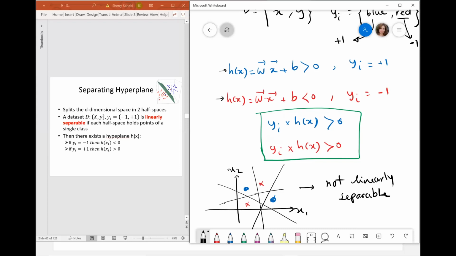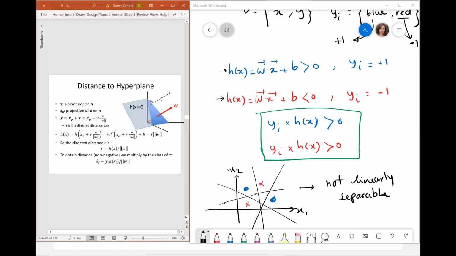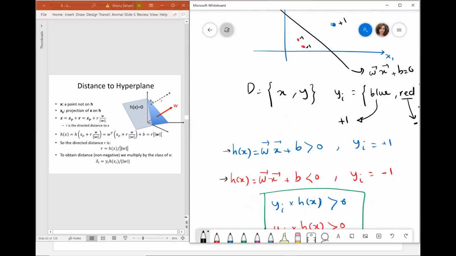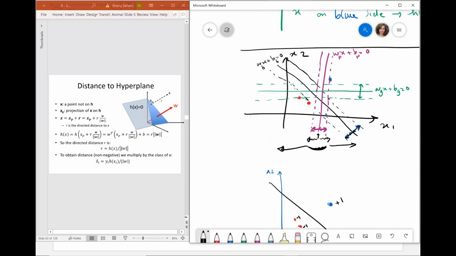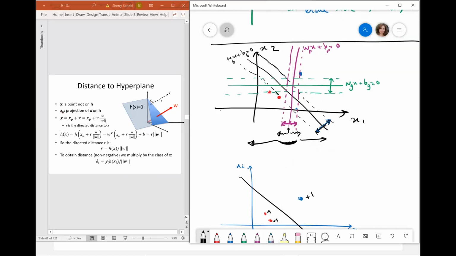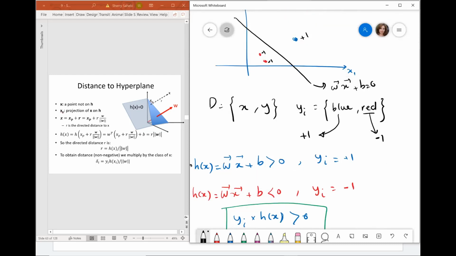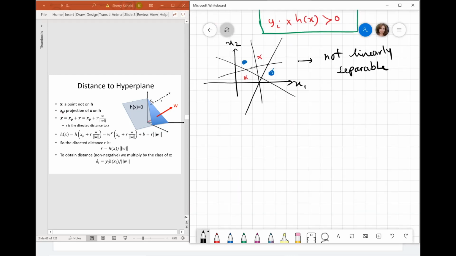So that is for linearly separable data, and then we are going to have a separating hyperplane there. Okay, so we have learned about linearly separable data, and that our SVM is trying to find the line with the maximum margin to the two classes that we have. Now let's see how we can find the maximum margin.